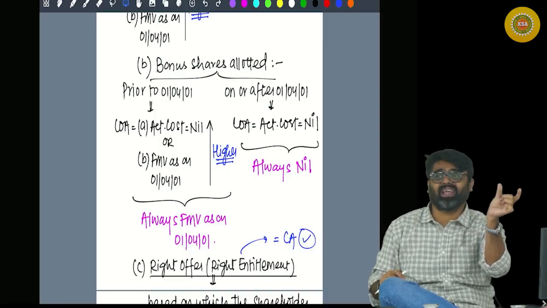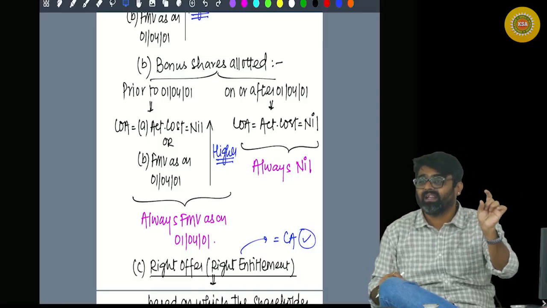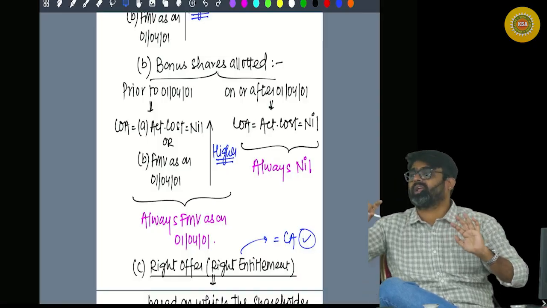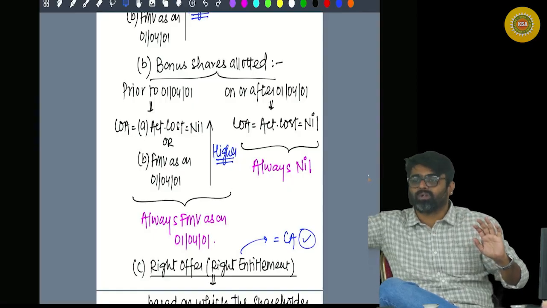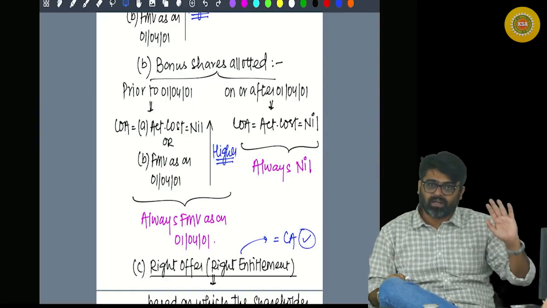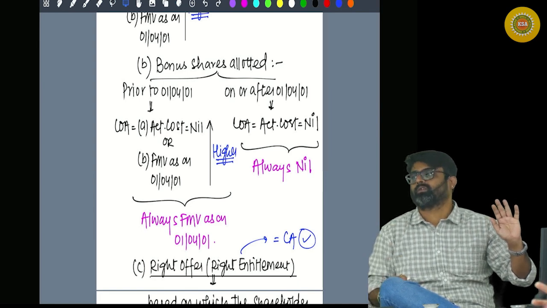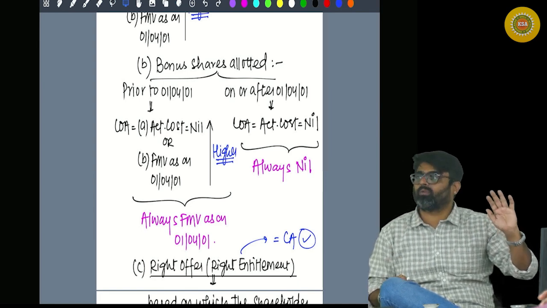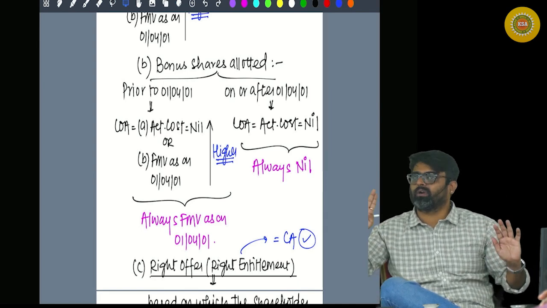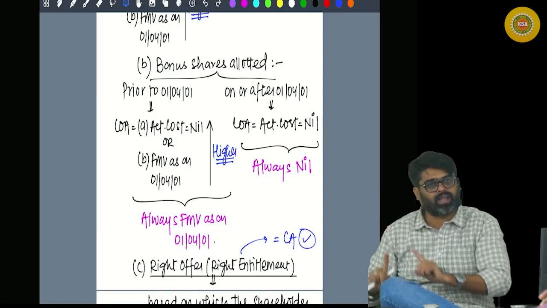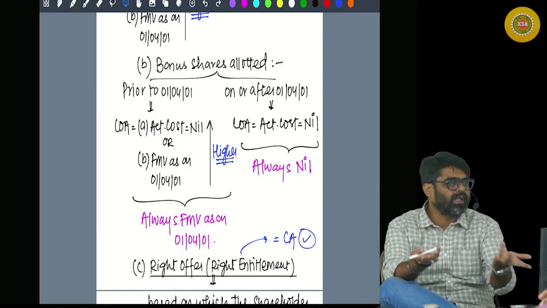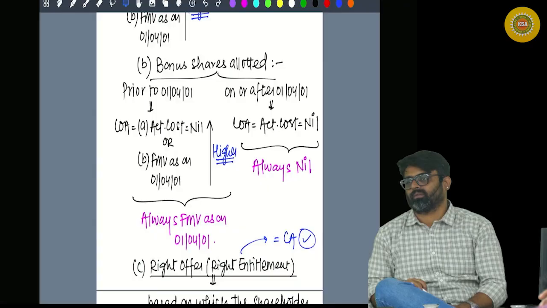Period of holding, from date of purchase to date of sale, date of allotment to date of transfer. Period of holding 12 months, period of holding 24 months. Less than or equal to 12 months, less than or equal to 24 months. Cost we have, no need to index because the asset is short term.